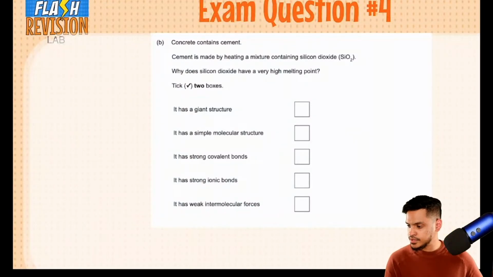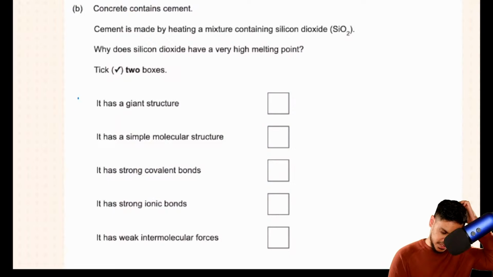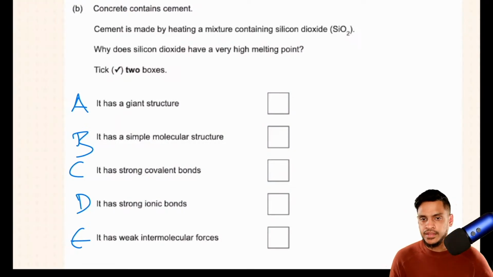Why does silicon dioxide have a very high melting point? Okay. What would you guys say the answer for this is? You got to be very careful here. Actually, no. They haven't tried to trick you here.